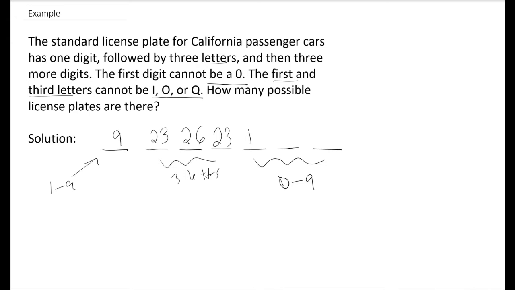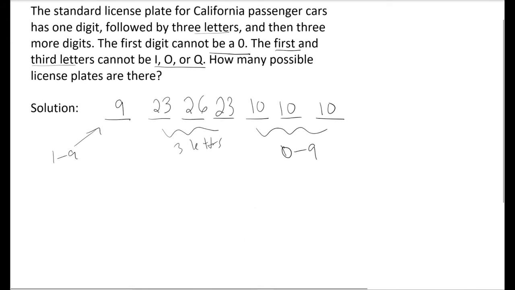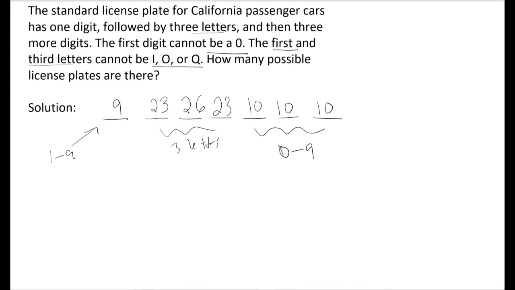So we could have 10 possible digits here, 10 possible digits here, 10 possible digits there. Now note that if we cannot repeat, this limits the number of license plates we can have. Because now instead of having 10 numbers here, I only have 9 numbers there, and then 8 and 7 and so on. But here we can repeat, so we have plenty of numbers or letters to choose from.